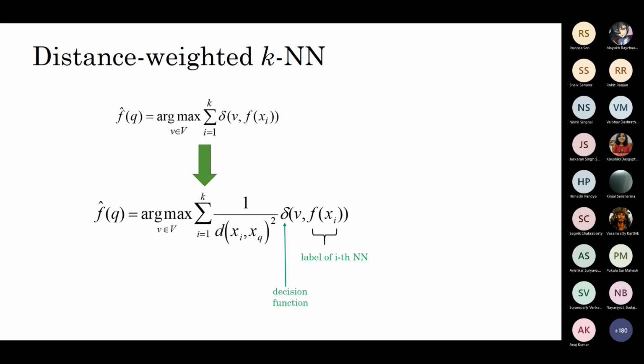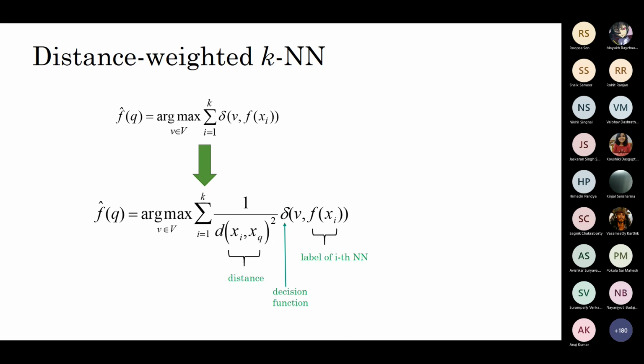Delta is a decision function telling whether v and f(xi) are equal or not. If equal, it is 1. If unequal, it is 0. Now this is the distance measure between xi and xq. xq is the feature vector for the test sample, and xi is the ith training sample, the closest neighbor.